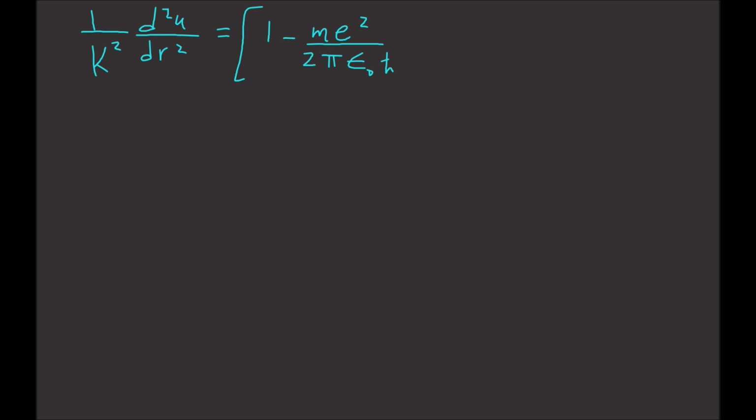When we do this, we get 1 divided by k squared times the second derivative of u with respect to r, which is going to be equal to 1 minus me squared divided by 2 pi epsilon naught h bar times k, times 1 divided by k times r, plus L times L plus 1 divided by k times r, all squared.